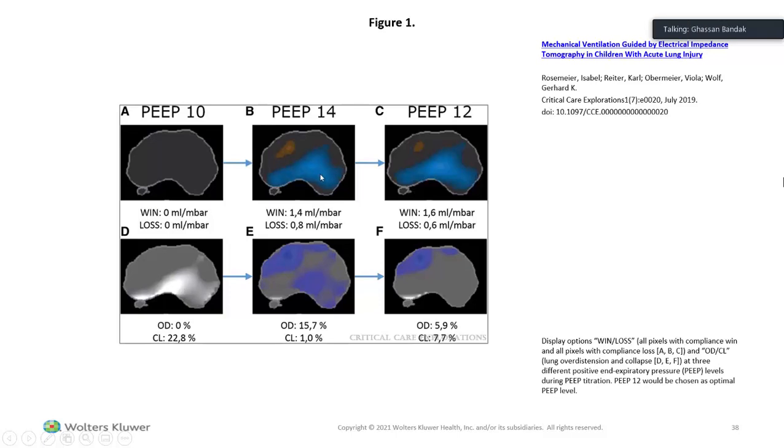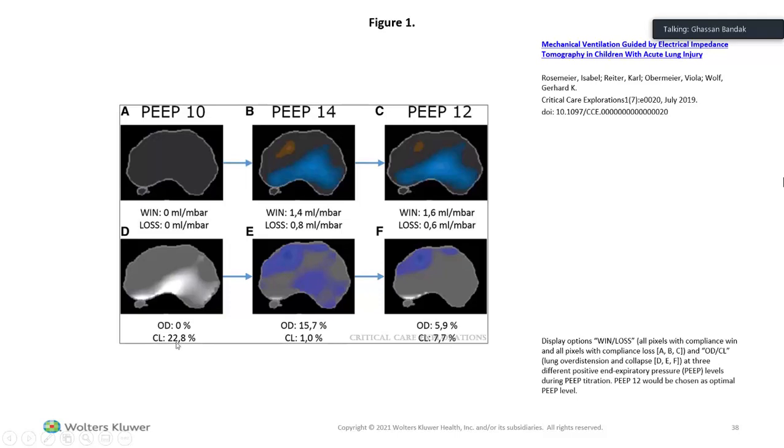You gained lung volume. So you recruited lung volume. However, there is win and loss. So you lost some recruitment and you won some recruitment. And there was a little bit of loss here, and that may be because of hyperinflation, okay, over distension and collapse.